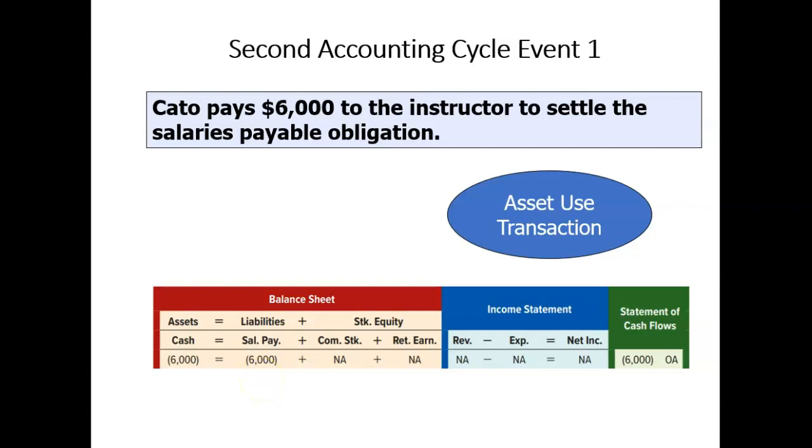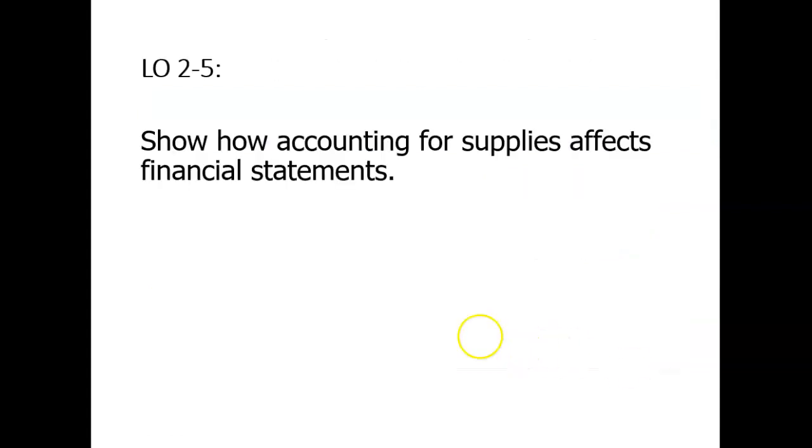Now, this transaction doesn't impact the income statement because the expense was already recognized in year one. It will impact the statement of cash flows because it's an outflow of cash of $6,000 shown as an investing activity. Okay.